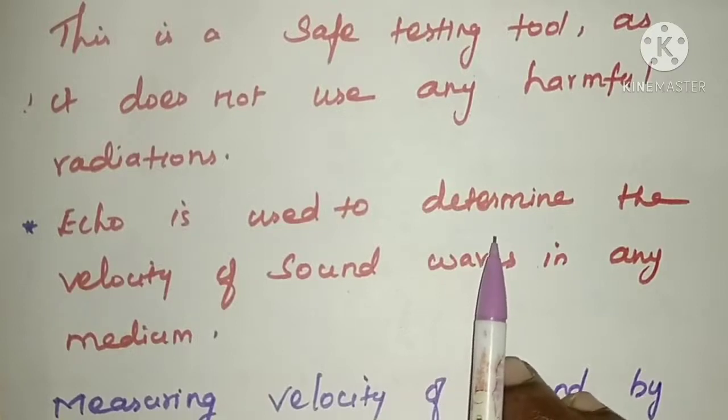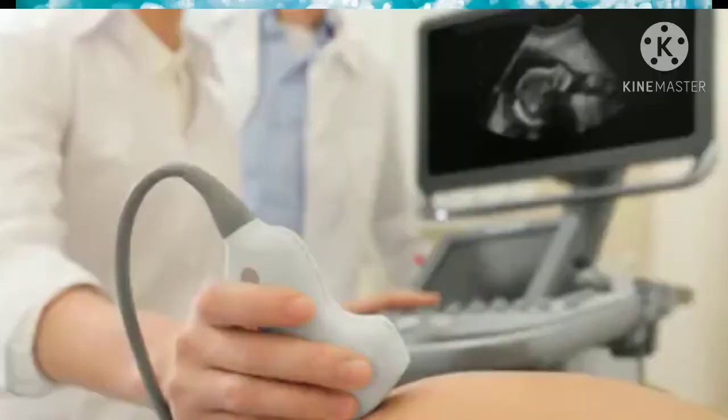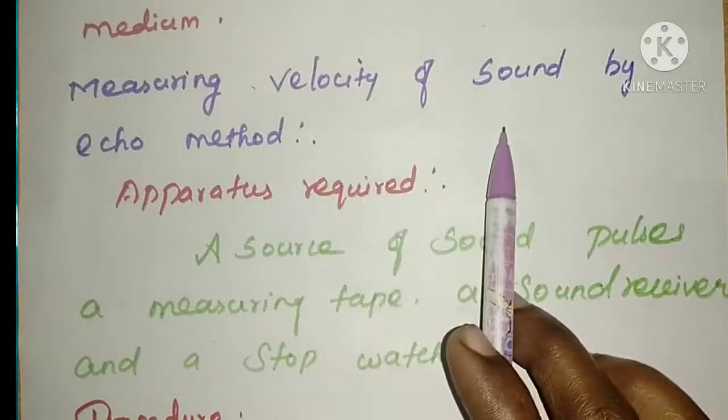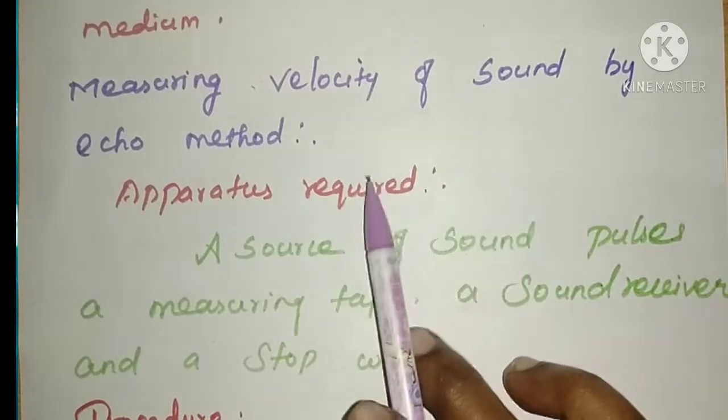So these are the applications of an echo. Here you can see the images of the developing embryo, showing how ultrasonography is used in the medical field to check the developing conditions of the embryo.